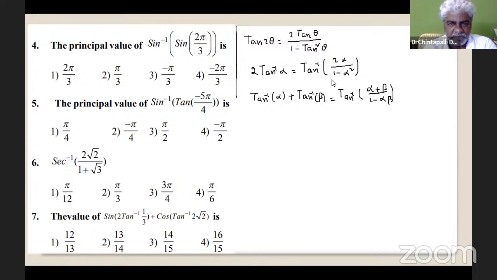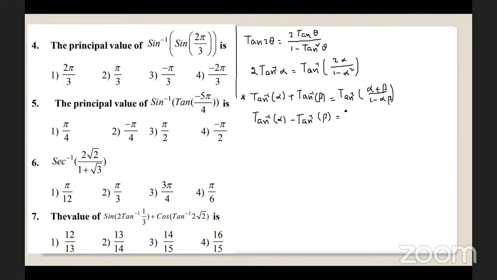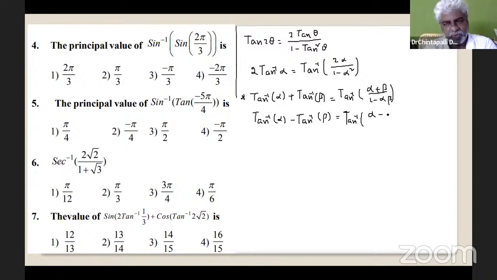I will show those conditions. Tan inverse alpha minus tan inverse beta is tan inverse of alpha minus beta by 1 plus alpha beta. For the last formula, there are no conditions. The last but one formula has conditions. I will explain the conditions.